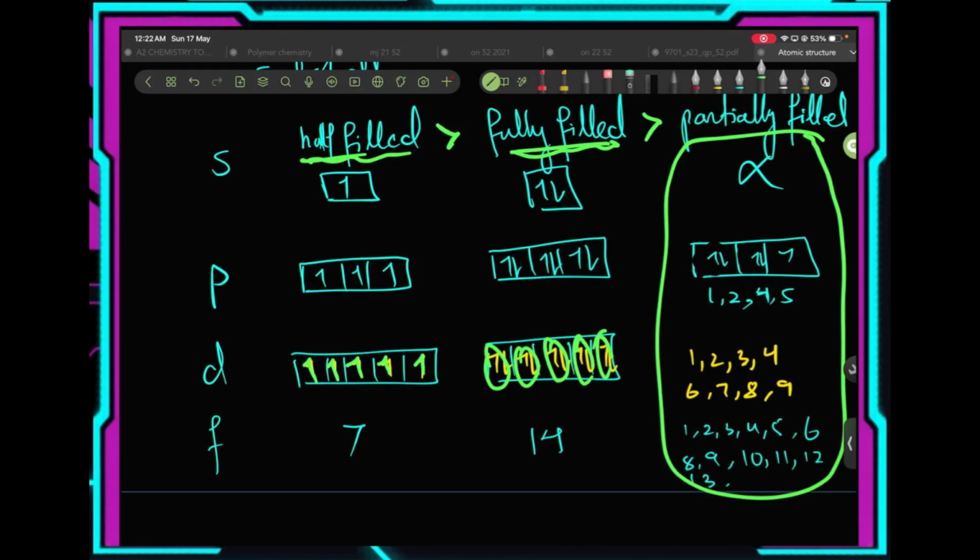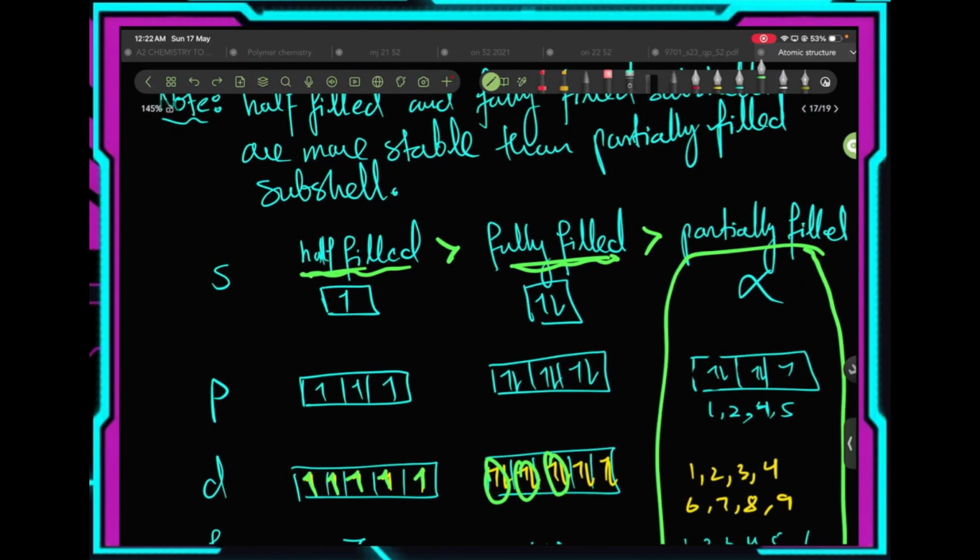But at your level, we do consider both of these as approximately equal.